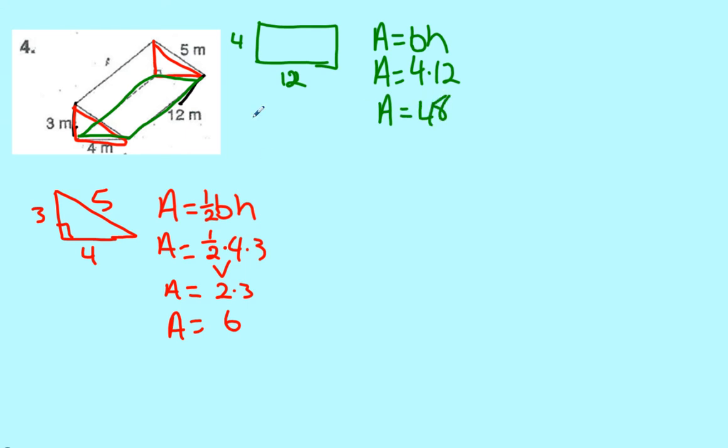But there are no other rectangles exactly like this. Because if we go to the one on the side here, this is 3 by 12. So we draw this one out. 3 by 12, so that would have an area. 3 times 12 is 36.